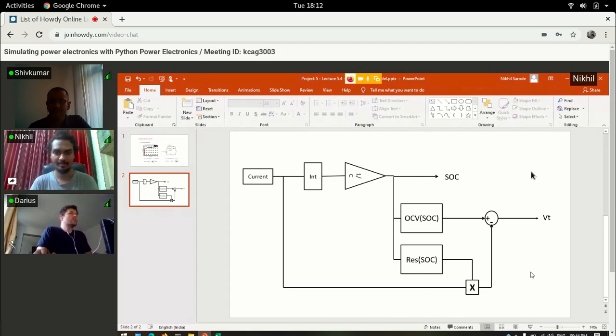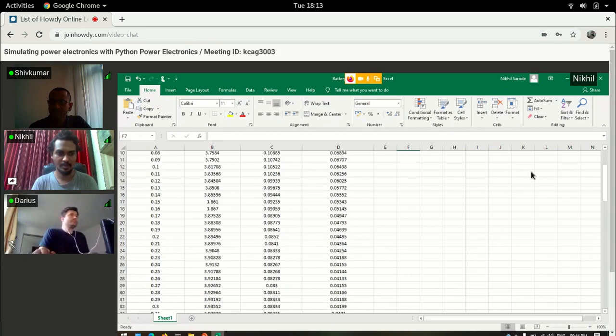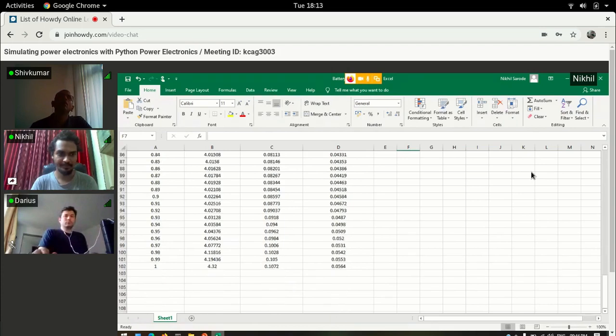Can you show me the Excel sheet again once? And do we have a state of charge? So it goes all the way to 100% state of charge? It goes up to 1. Okay, so 1. So we have 101 samples ranging from 0 to 1.